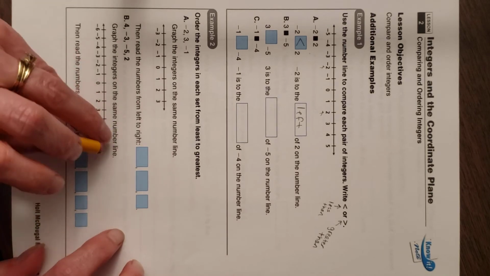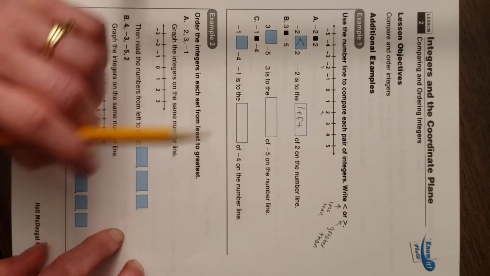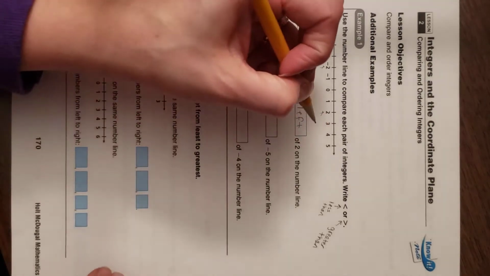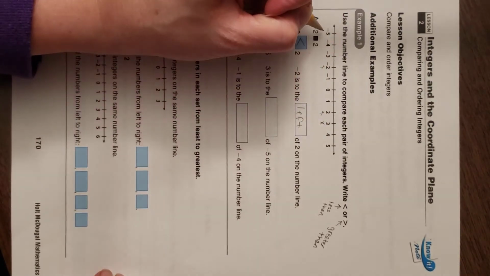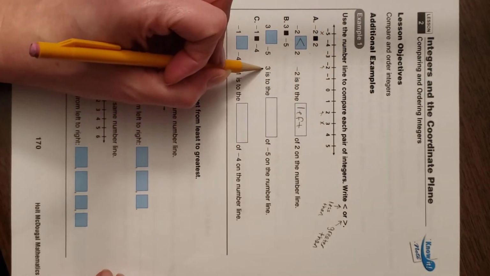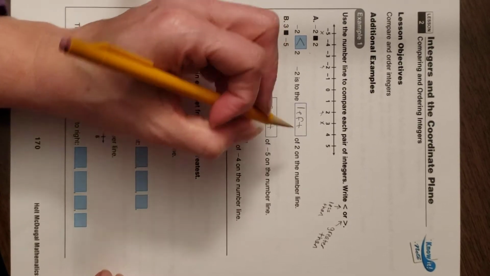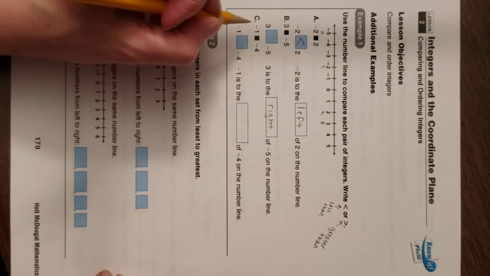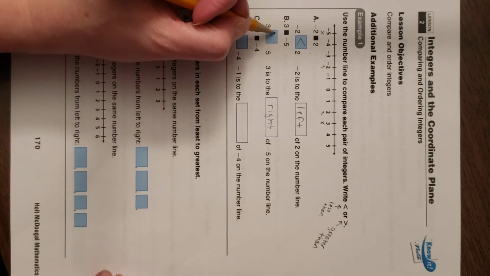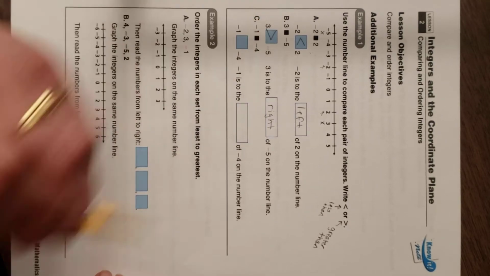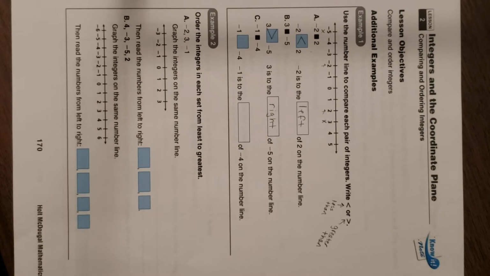Okay, next ones. 3 and negative 5. Let's find 3. Let's find negative 5. 3 is to the right of negative 5 on the number line, so that means 3 is going to be greater than negative 5.